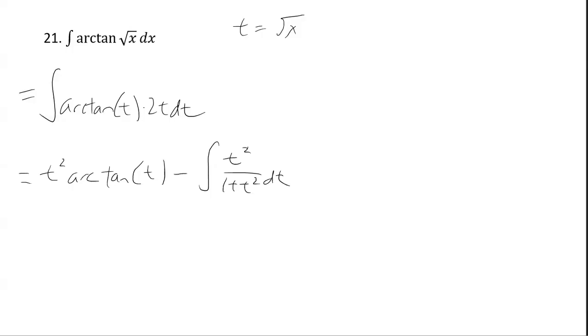Okay. So hopefully you would agree that 1 plus t squared minus 1 over 1 plus t squared is equal to this guy. I just added 1 and then subtracted 1. Ignore the dt first. Okay. So we can split this fraction up as 1 plus t squared over 1 plus t squared minus 1 over 1 plus t squared. And then this first term simplifies to just a 1.